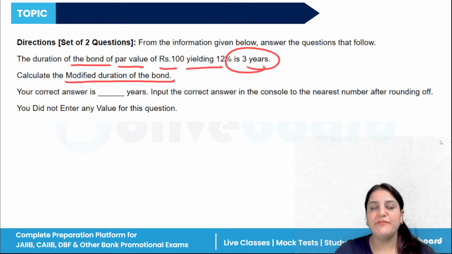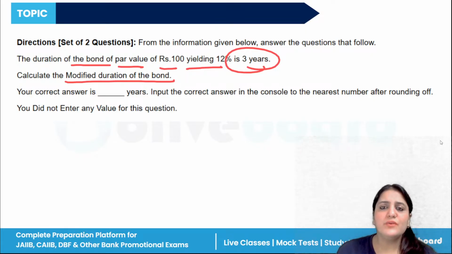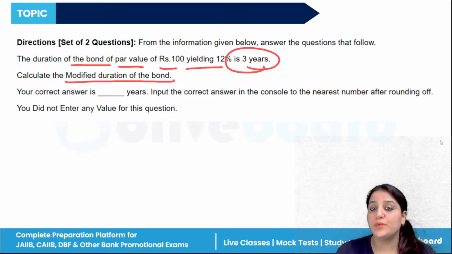Because modified duration is one of the direct method just to measure the price sensitivity of a bond, and this duration is arrived by dividing the duration with the interest rate. That is, we can say 1 plus y, and y is the yield here.